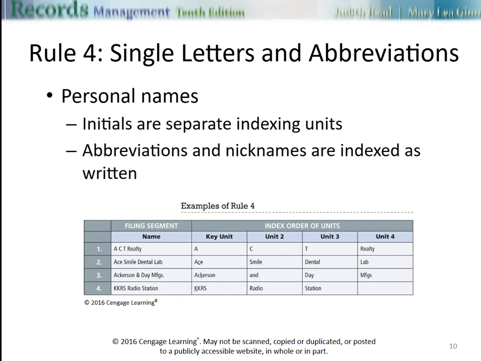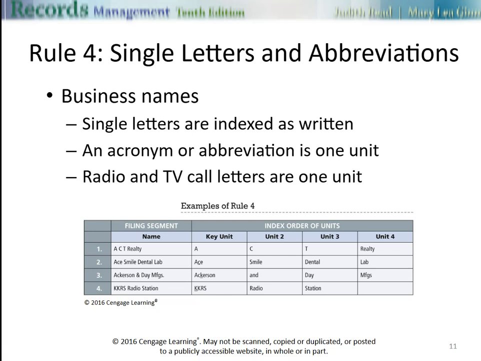So let's get back to this. Also, if you have any abbreviations or nicknames, we wouldn't spell out that abbreviation unless there was a note to do so. And so that's going to bring us into the business name part of Rule 4. So business names, we follow the same principle.